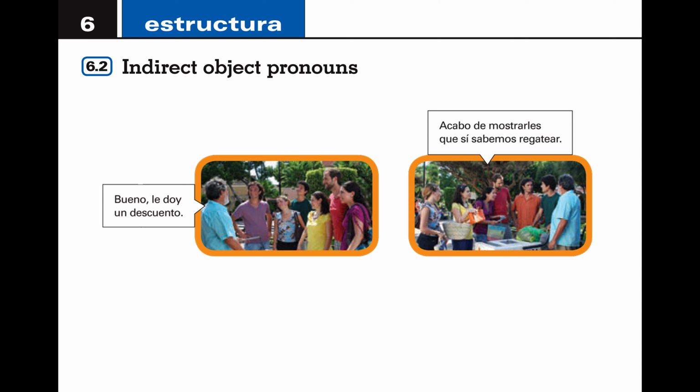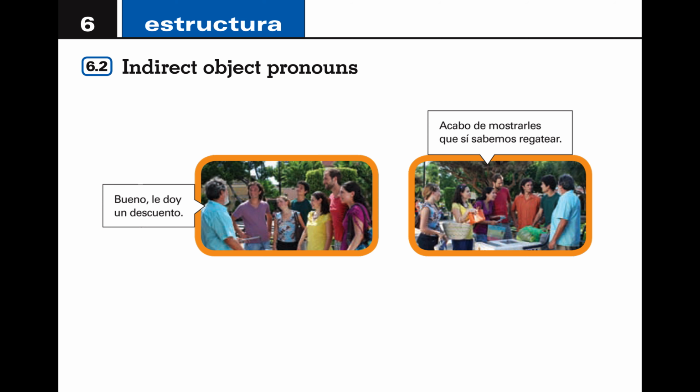So if I'm looking at this, I have some examples of my indirect object pronoun. I've got bueno, le doy un descuento, where le is being used as the indirect object pronoun. Now, when you're breaking this down to translate this, you want to keep in mind, is le going to be a direct or an indirect object pronoun? Well, let's look at the verb.